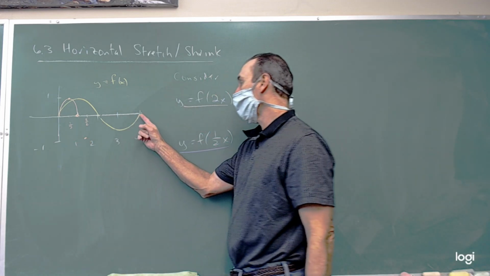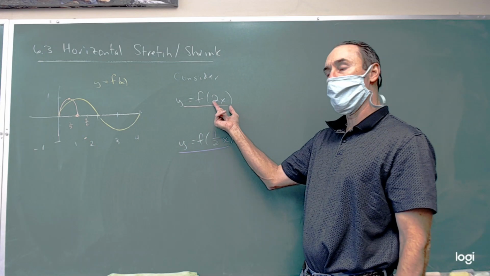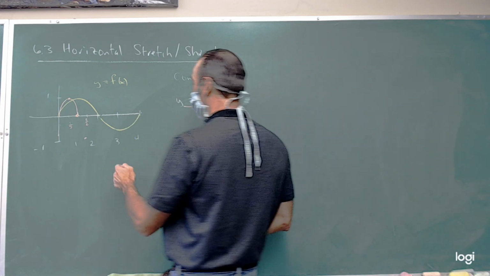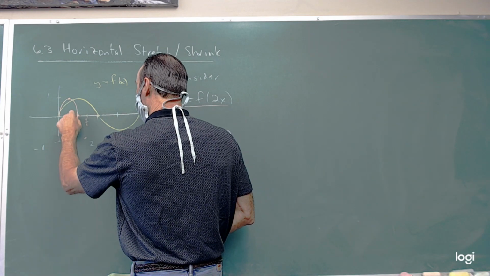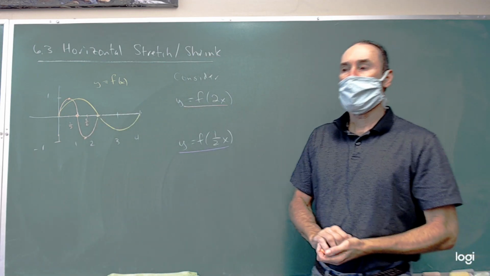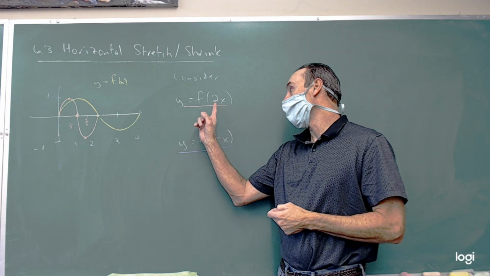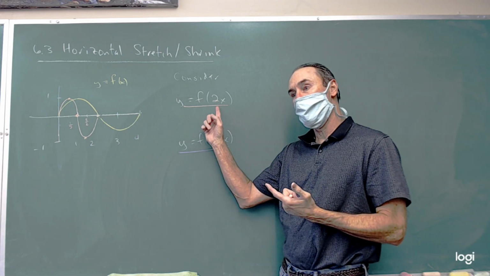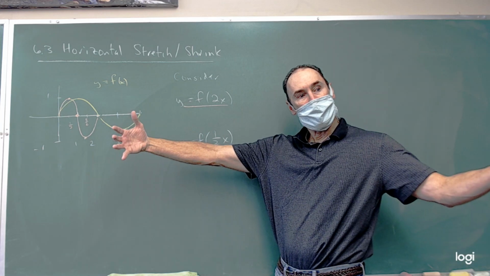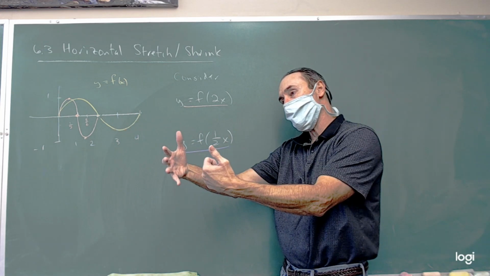And finally, to evaluate at 4, we're going to choose an x value here of 2. And so that's going to take us to 0. So what we get is something like this. And this is really hard to wrap your mind around because you see a bigger number 2 and you think it's going to stretch it because that's what a big number should do, but in fact it shrinks it by a half.